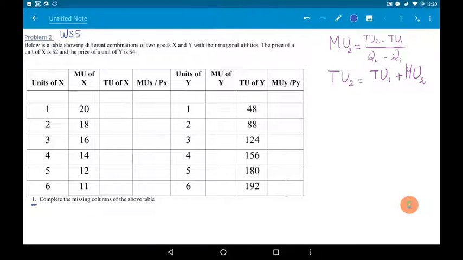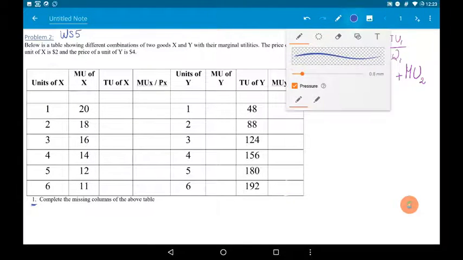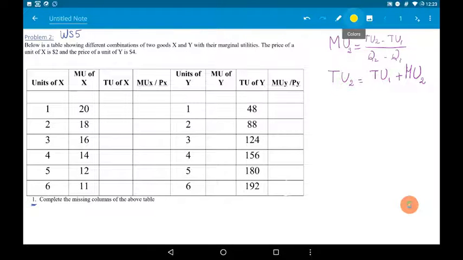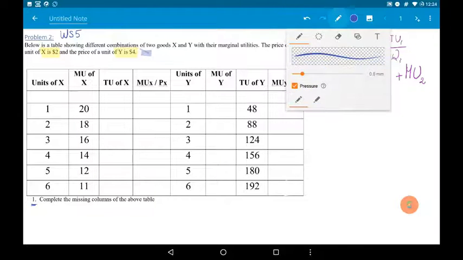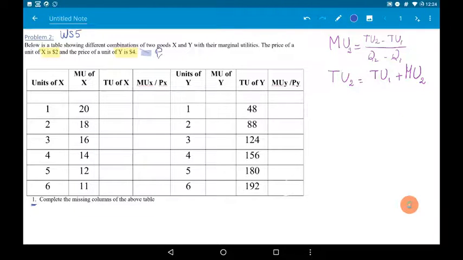Below is a table showing different combinations of two goods, X and Y, with their marginal utilities, the price of a unit of X, so price of X, and the price of a unit of Y, so price of Y. Price of X equals $2 and price of Y equals $4.